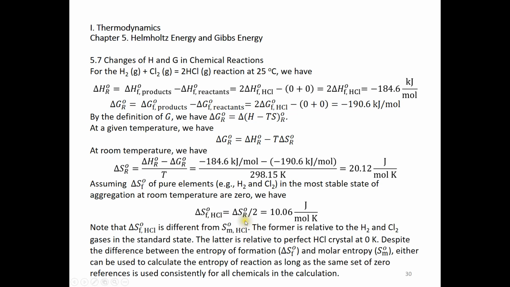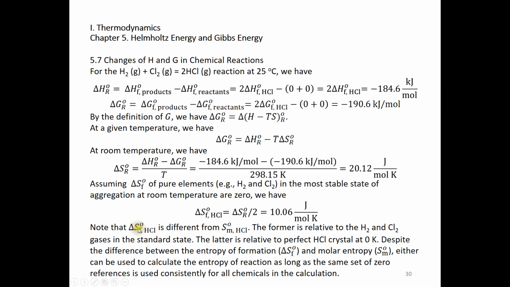We have a traditional definition of standard molar entropy of HCl. This is relative to the HCl perfect crystal at 0K. Over here, this has a different 0 reference. This value is relative to pure elements at room temperature in their most stable state of aggregation.